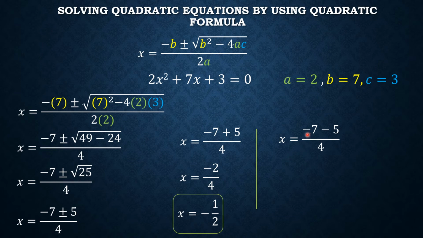And here we have negative 7 minus 5 is negative 12 all over 4, and that can be further simplified as x equals negative 3. That's it. So that's how we use the quadratic formula in solving for the roots of quadratic equations.